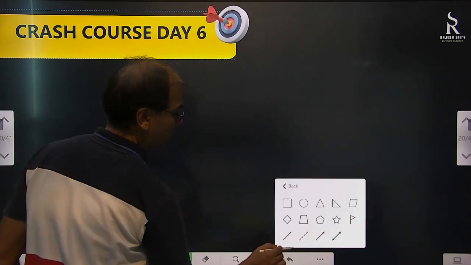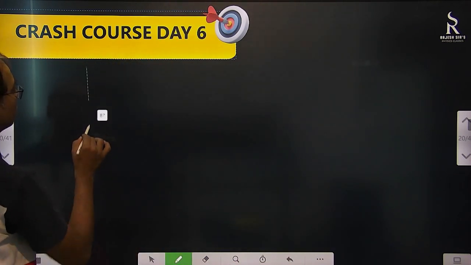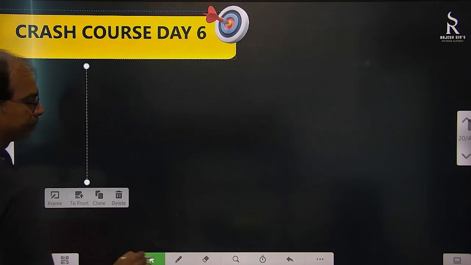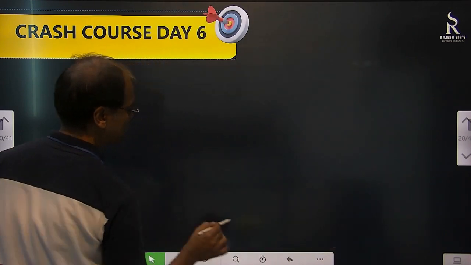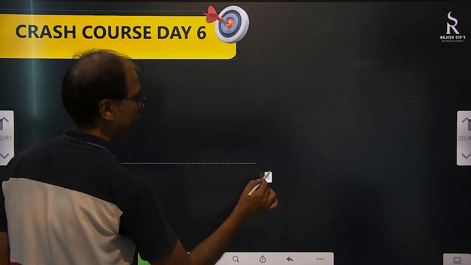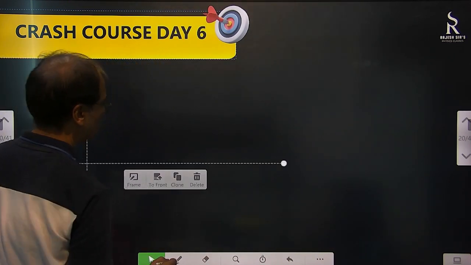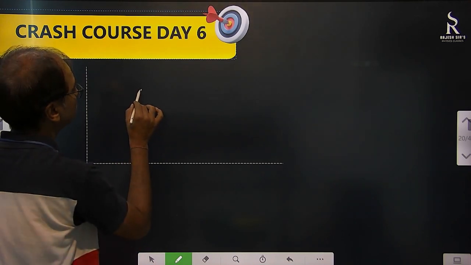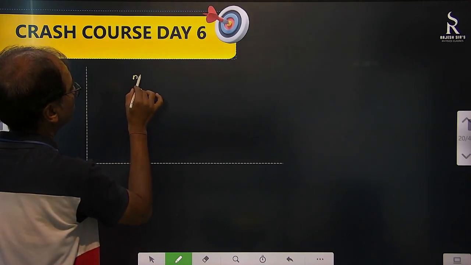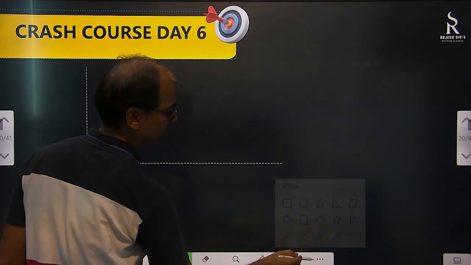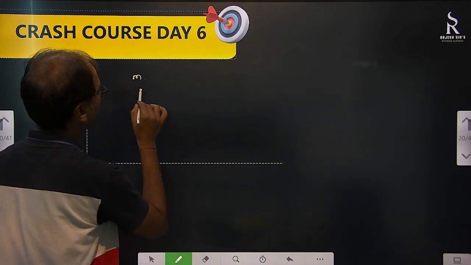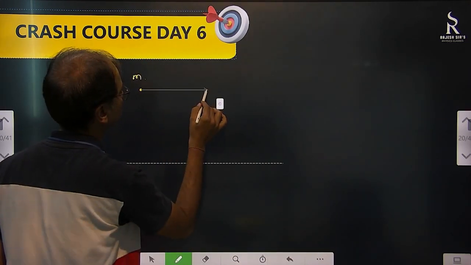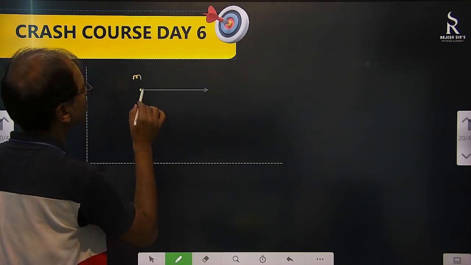So if we take one coordinate system here, let's say this is y-axis and this is x-axis. Okay, and here is one particle, mass is m, and it's moving in this direction with velocity v.